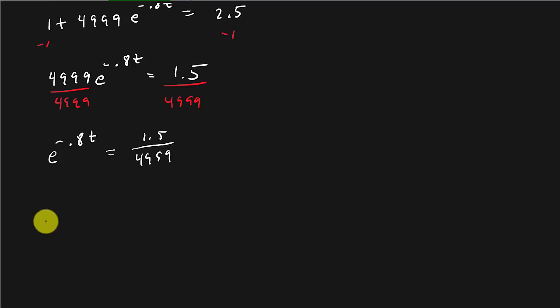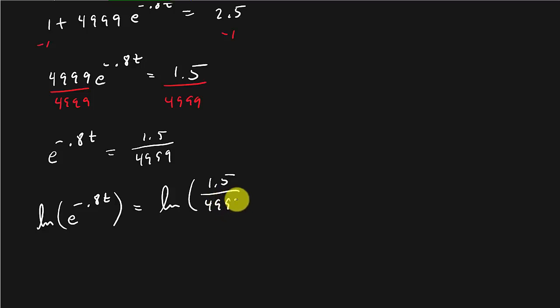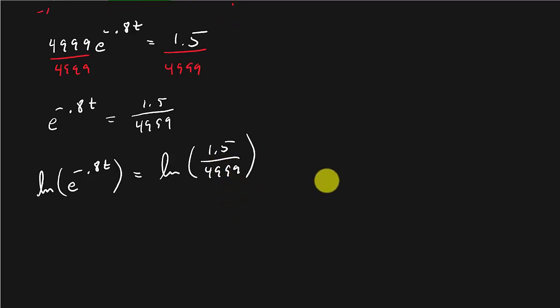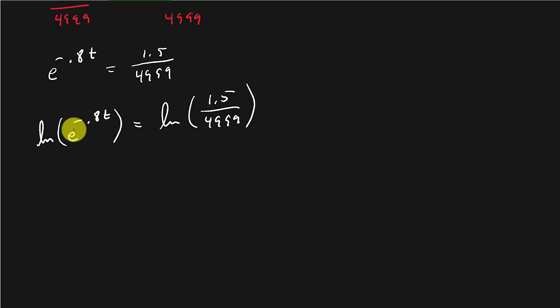And so that's going to give us the natural log of e to the negative 0.8t equals the natural log of 1.5 over 4,999. All right, so the left-hand side is negative 0.8t is equal to the natural log of 1.5 over 4,999.